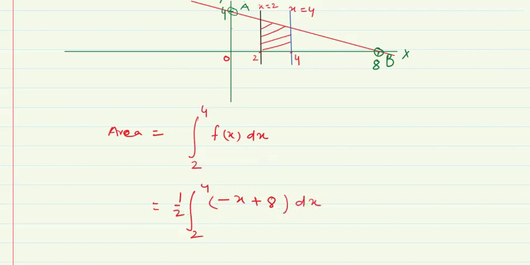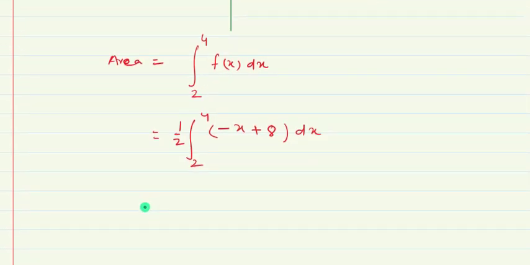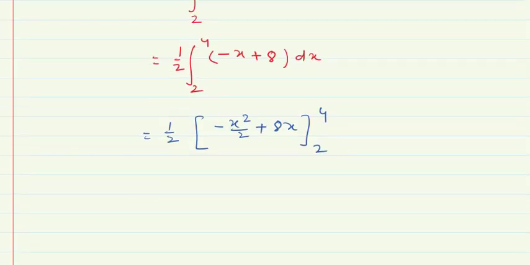Now it is very simple to find out. We just need to calculate integration and apply the limits. So 1 upon 2 into minus x square upon 2 plus 8x, and the limits are 2 to 4. Apply the limits as I told you earlier. It is upper limit minus lower limit. So clearly minus 16 upon 2 plus 32.